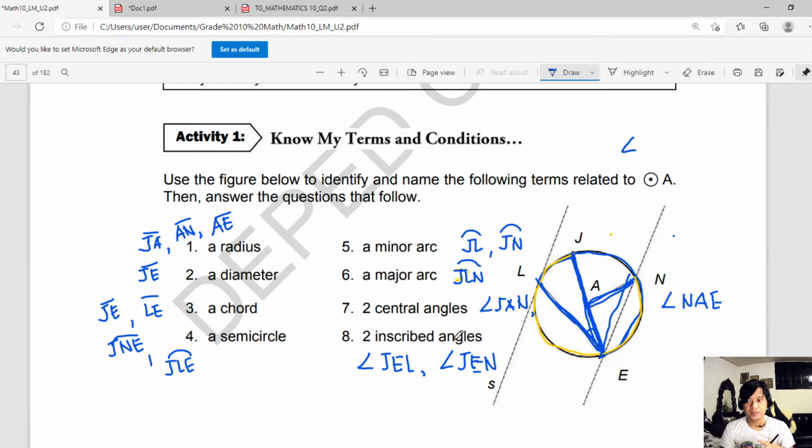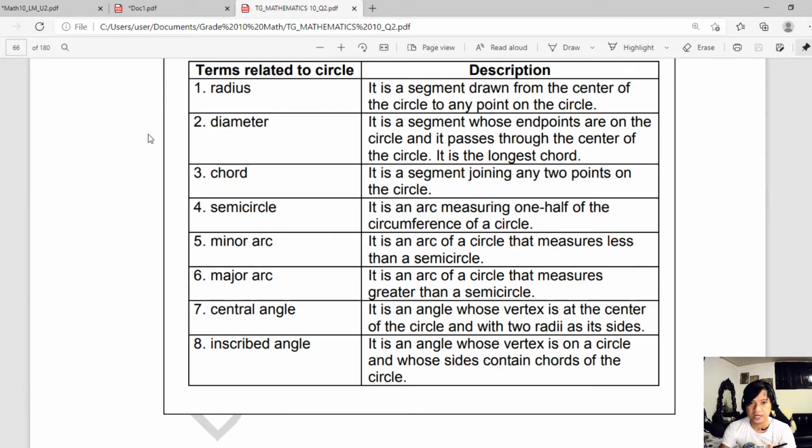So now we will define or describe the following terms. So ito na yung mga terms natin. Based on our example na nabigay dito, ito yung mga description or definition niya. Terms related to circle.